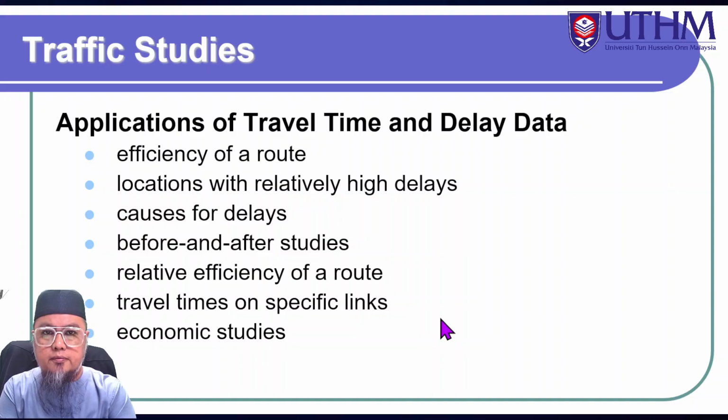In terms of applications, travel time and delay data are used as a route indicator, to identify locations with relatively high delays, the cost of delay before and after a study, the relative efficiency of a route's travel time on a specific link, and in economic studies.